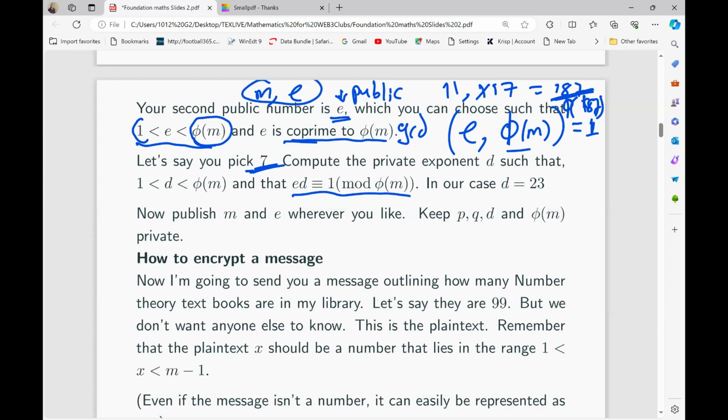Now, this number is important because it will help you to calculate D. D, I've said, is the inverse of E. We know how to find the inverse: the extended Euclidean algorithm. We also, in another lesson, learned how to use Euler's theorem.